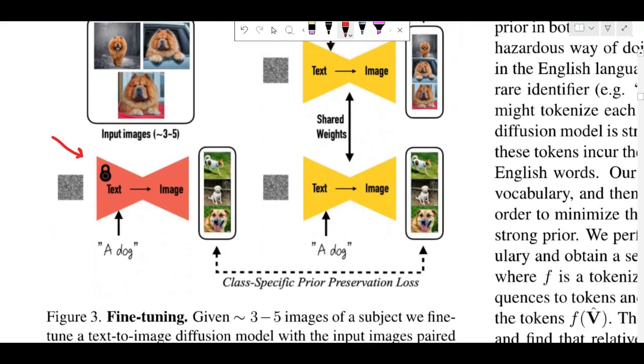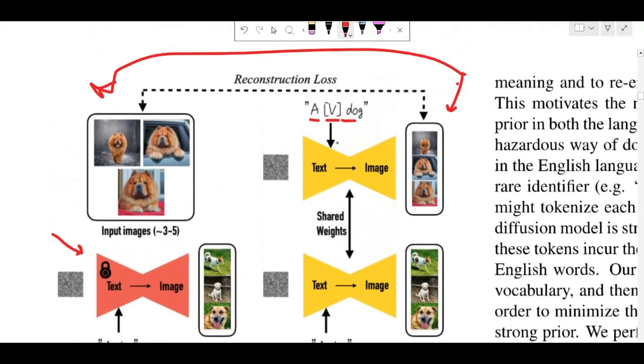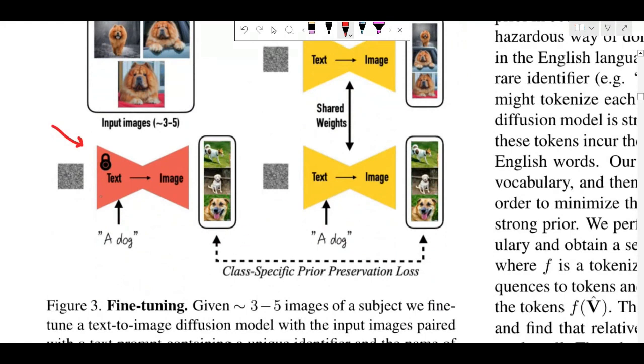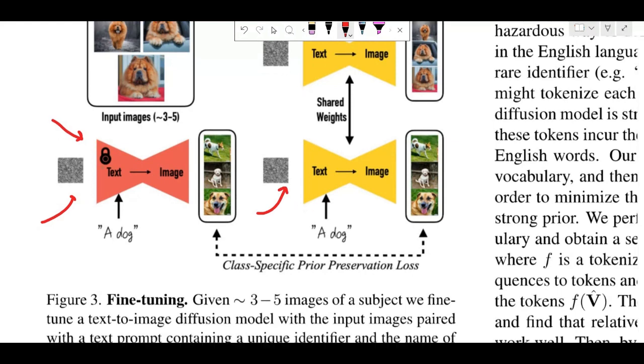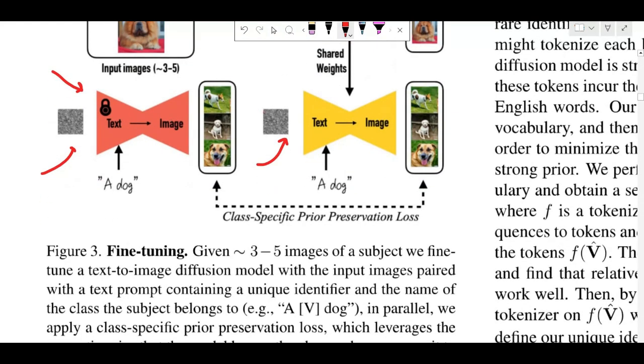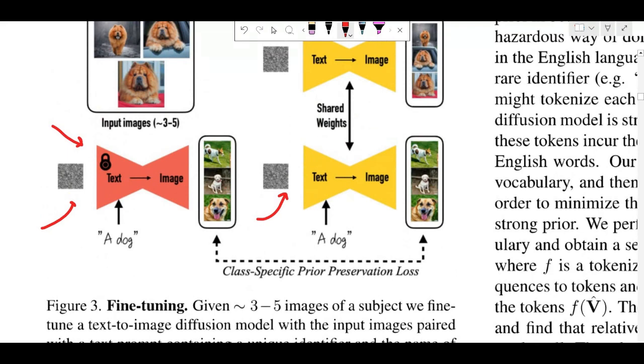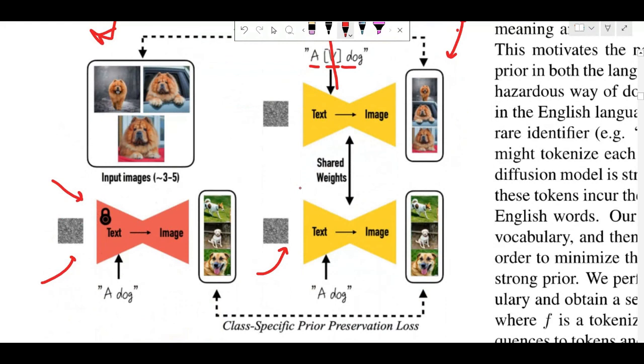However, as a regularization, they remove this identifier. So you remove the identifier and you just get a dog, and given the same noise, you want the model to give the same outputs before and after fine-tuning. So the model's prediction for the prompt without the unique identifier should be the same before and after fine-tuning.